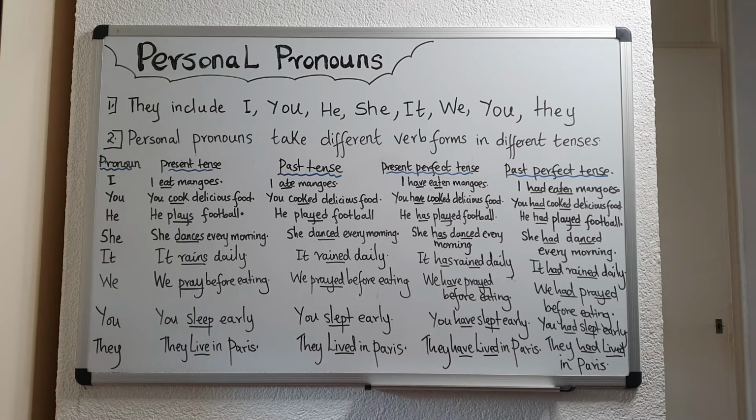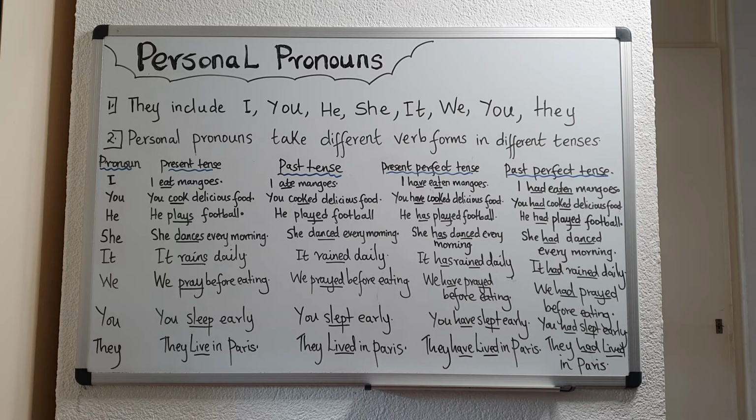But when it comes to the present perfect tense, be careful, because you either have to use have or has. But with I, it is always have. So in the past perfect tense, it is I had eaten. And this time, had eaten. Eaten is the third form of the verb.